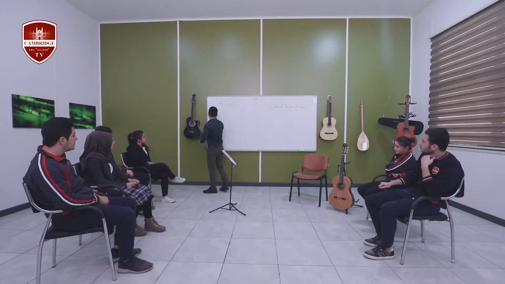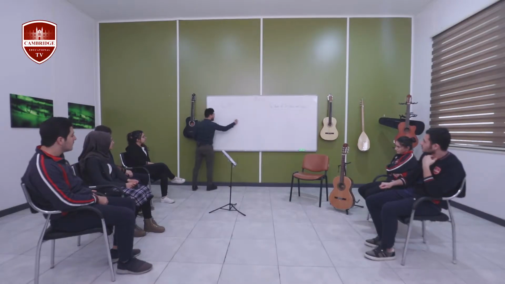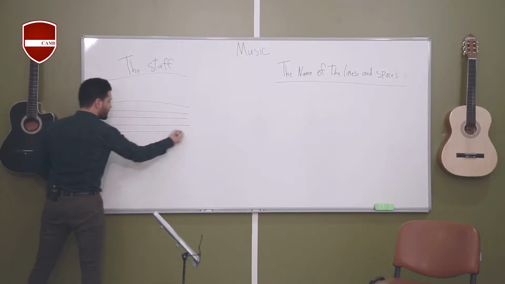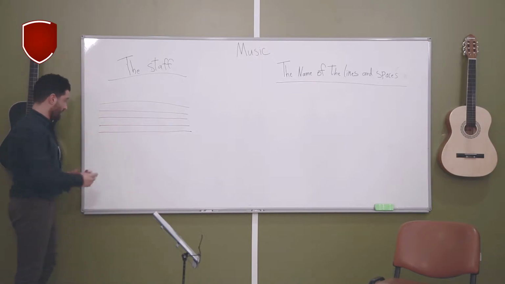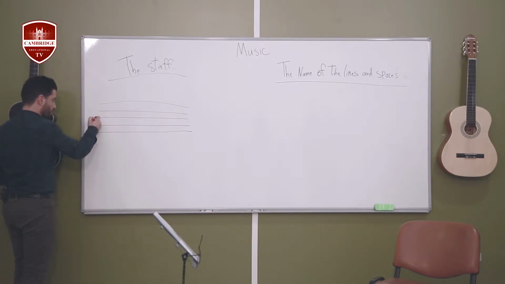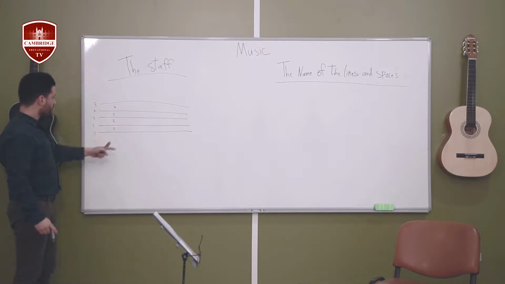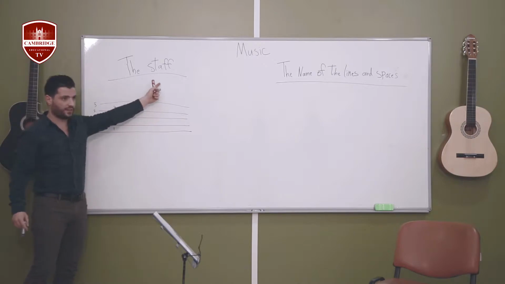The first thing is that in music, generally, we have 5 lines and 4 spaces. 1, 2, 3, 4, 5, and we have 4 spaces. 1, 2, 3, 4. This is all called the staff.